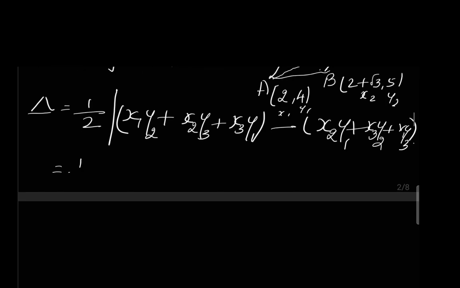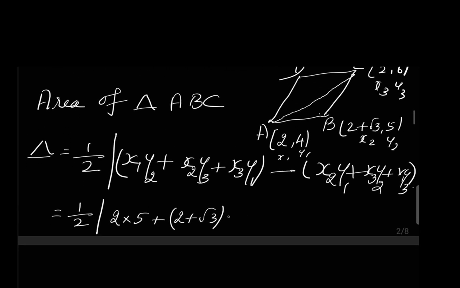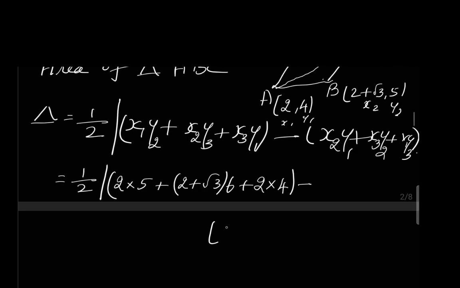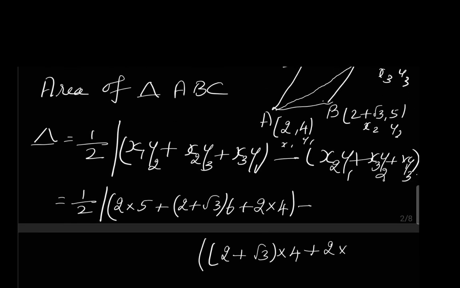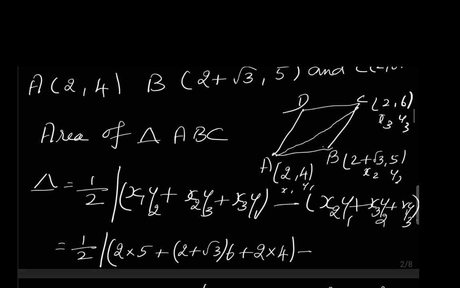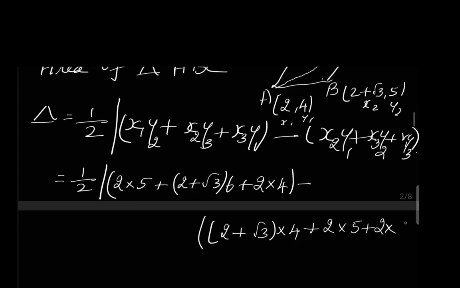So half of: x1 is 2 into y2 which is 5, plus x2 is 2 plus root 3 into y3 which is 6, plus x3 is 2 into y1 which is 4, minus: x2 is 2 plus root 3 into y1 which is 4, plus x3 is 2 into y2 which is 5, plus x1 is 2 into y3 which is 6.